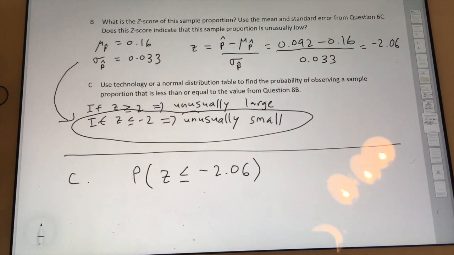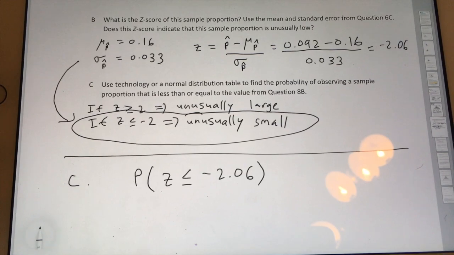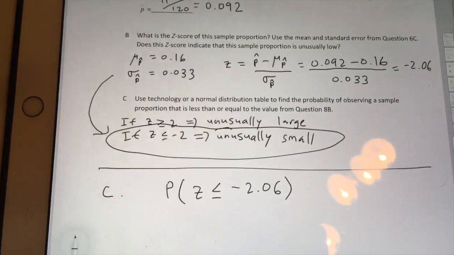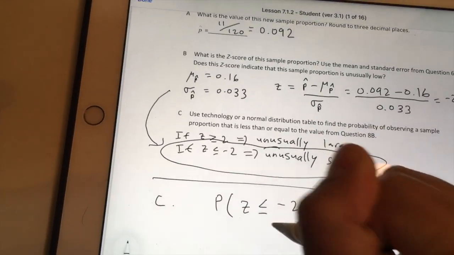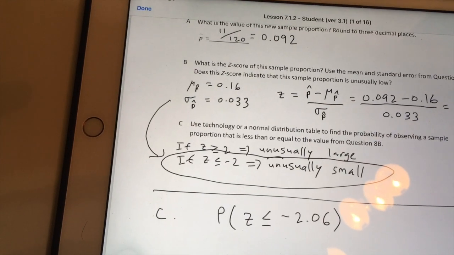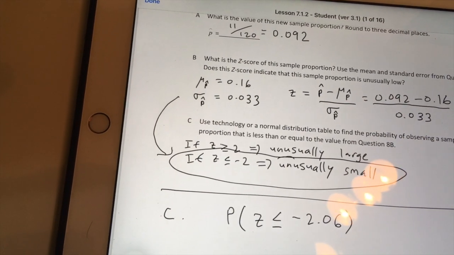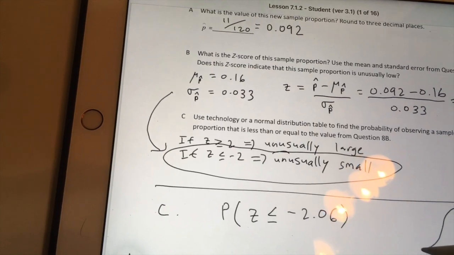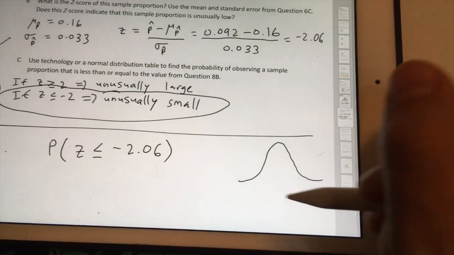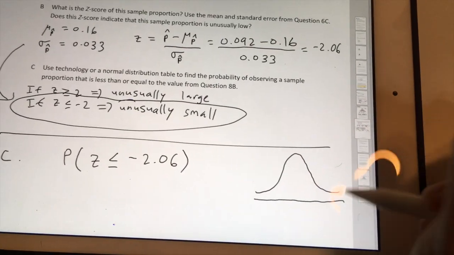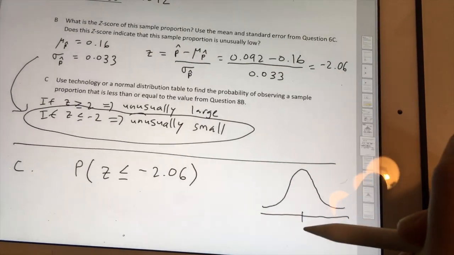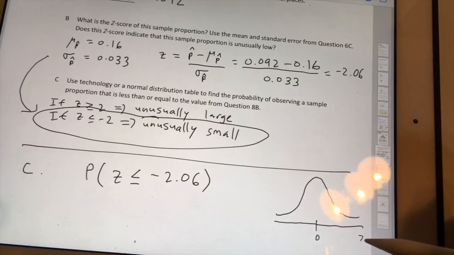How do we actually do that? Well, this is using a calculator function. The way that we do this is we're going to do normal CDF in our calculator. So I drew a little normal curve here, just so we can get an idea. If this is 0, these are our z-scores, right?